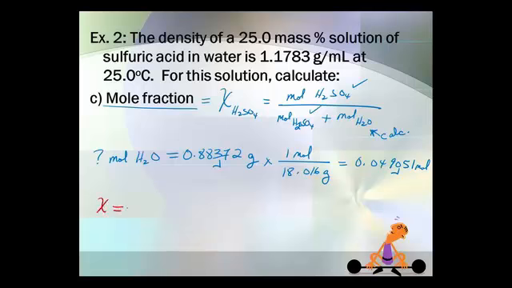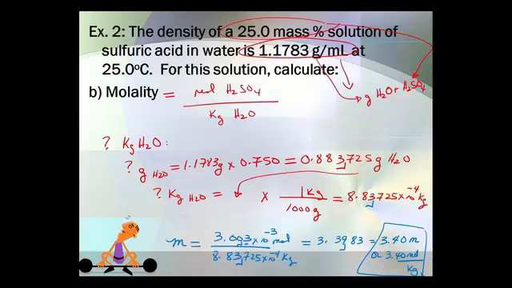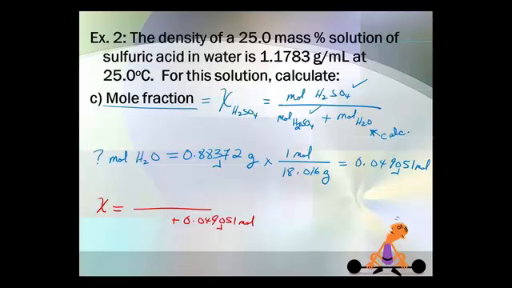Now we have everything we need. Plugging all the values into the equation. Moles of sulfuric acid, I have it on the previous slide, 3.003 times 10 to the minus 3.